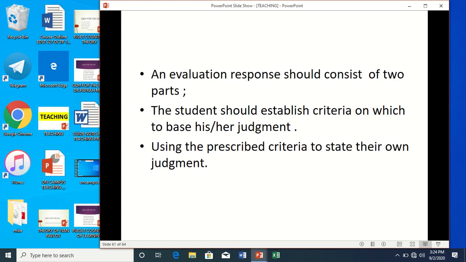Because an evaluation response should consist of two parts. The student should establish criterion or criteria on which to base that judgment. So I'm a teacher. I am basing my judgment on the criterion set for evaluation. And so I'm using the prescribed criteria to state the judgment.